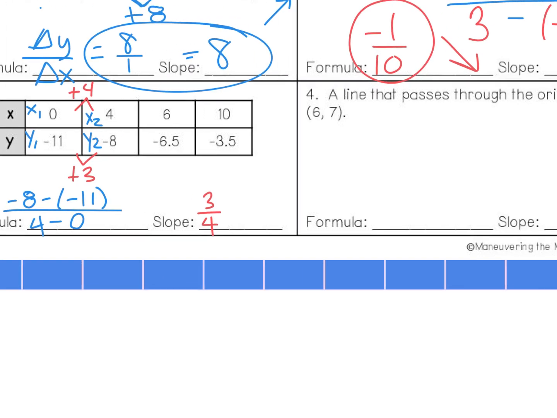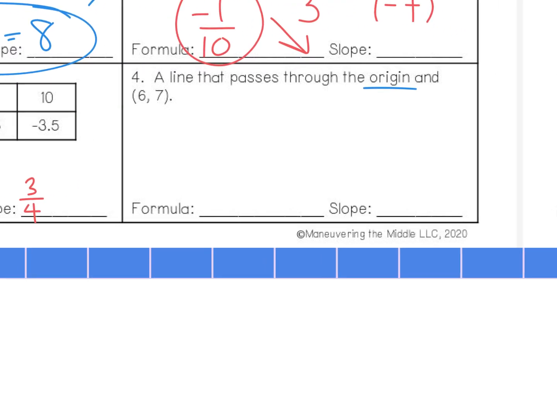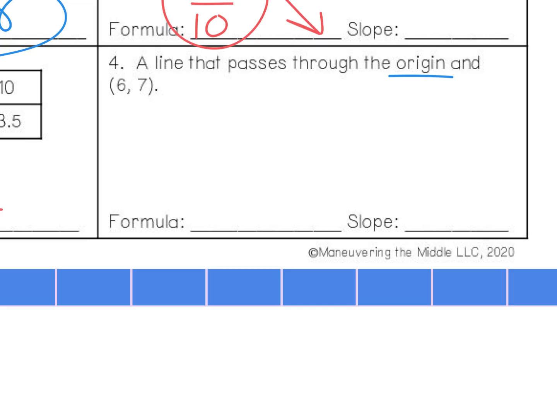On number 4, notice the origin. What do we know about the origin? 0, 0. So if you're going to use your formula, x1, y1, x2, y2, then you'll have 7 minus 0 over 6 minus 0. Make sure your 2's and your 1's match up so you can get 7 over 6 this way.